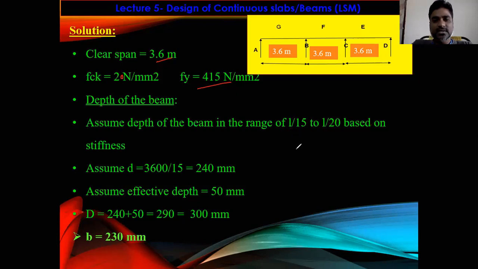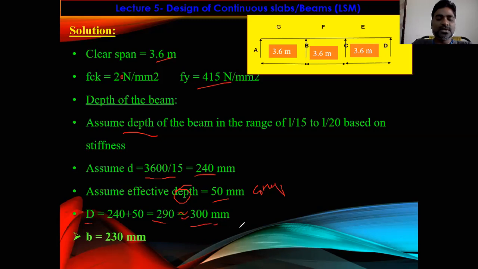I am assuming that the effective depth of the beam is L by 15. That means 3600 by 15, and I get 250 mm. Assuming the effective cover is 50 mm, the overall depth is 290 mm, which is approximately equal to 300 mm.